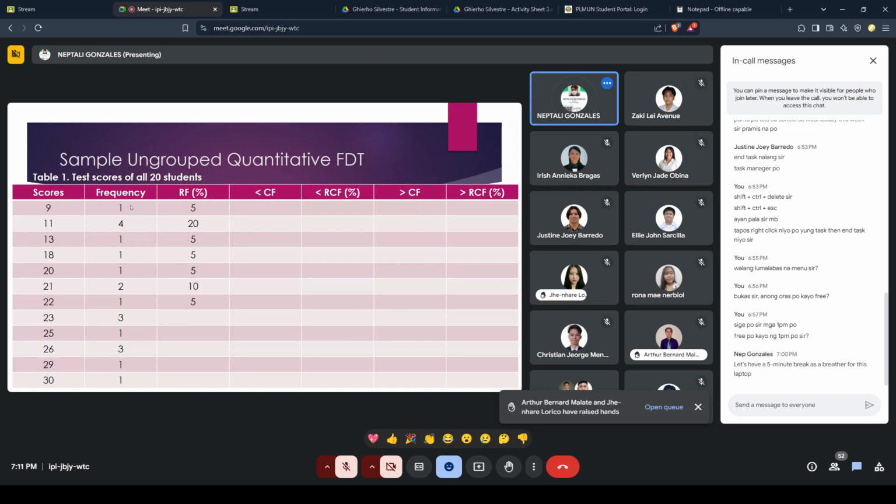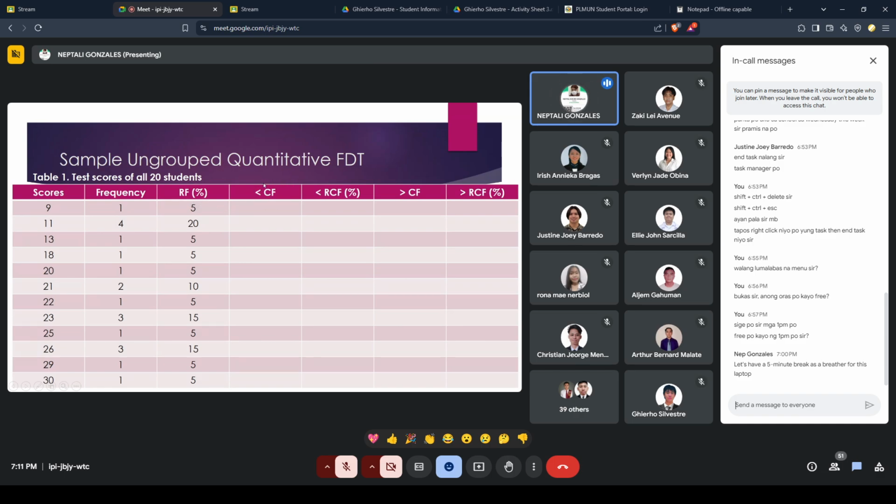Rona May. 15 po. Okay, 15%. So all the rest, we computed it already. So 5%, 15%, and 5%, 5%. So to know if your answers are correct, just again add the relative frequencies. It should total to 100%.